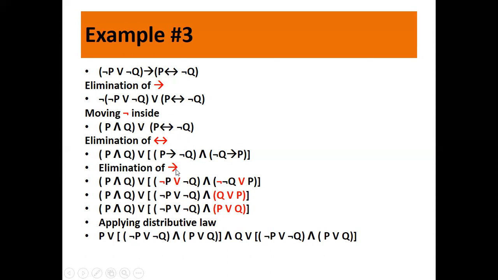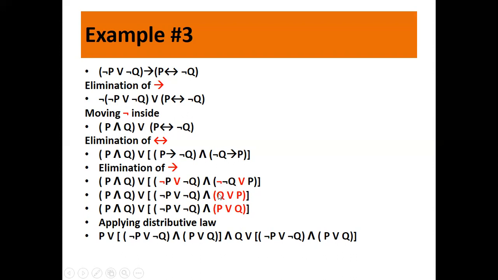So again, this implication operator will be replaced by negation and or operator, right? So P implies negation of Q will now be negation of P or negation of Q. Similarly here, negation of Q implies P will now be double negation of Q or P. Now again here you have double negation, so this negation gets cancelled and what you get?